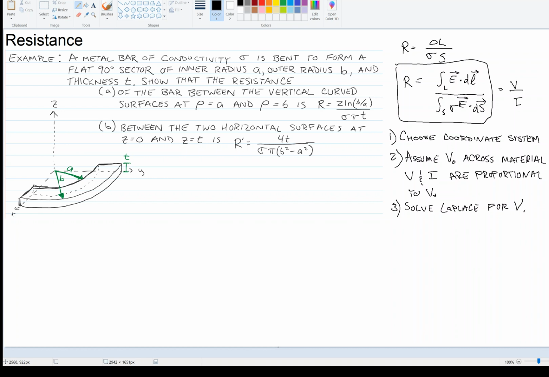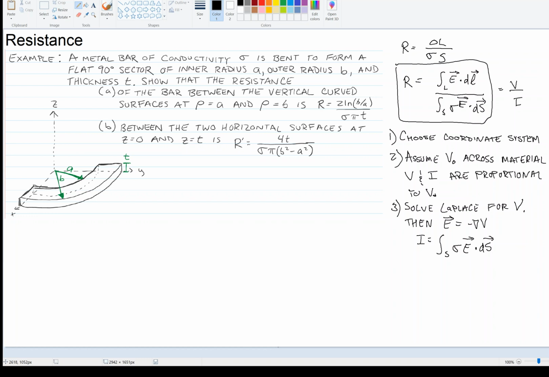Then we know we can get the electric field, which is the negative gradient of the potential. And then further, we can get the current, which is the surface integral of the current density, which is sigma times the electric field, dotted with ds, right? So we have those things.